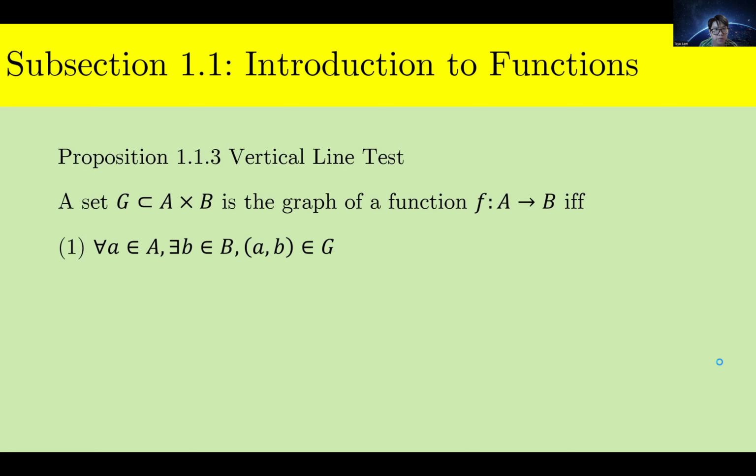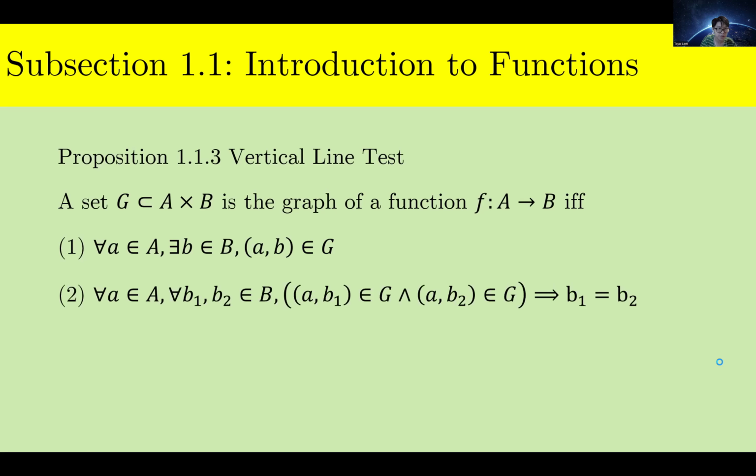The first one doesn't require the uniqueness of b, because we have to prove something later. If we used the uniqueness of b here, it would just be the definition of a function directly. If we are talking about graphs, we usually don't directly get the uniqueness of b, so I'll just write it this way.